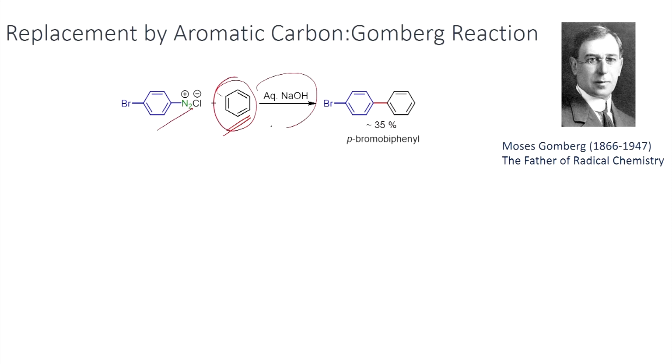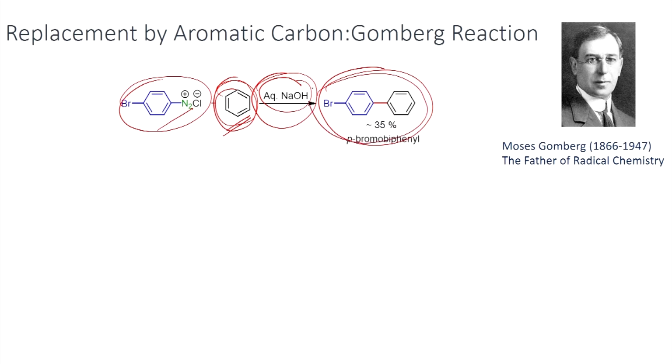In the presence of aqueous sodium hydroxide, you can try to couple them to give this biaryl system as a product. If you look at the reaction, it involves a biphase system. You have to take this salt in aqueous sodium hydroxide, then you have to take the benzene, then you have to carry out the reaction, then you will be able to get this biaryl system.